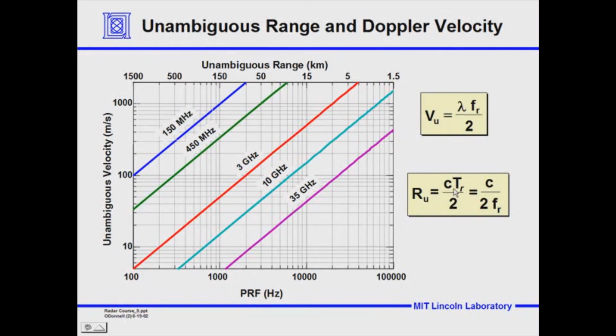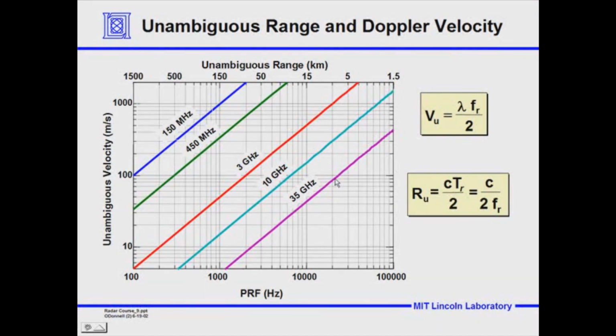And as you might have noticed in the preceding two view graphs, these two equations, which describe algebraically what the unambiguous velocity is and the unambiguous range, each depend on the PRF, and one of them depends on the wavelength of the radar.